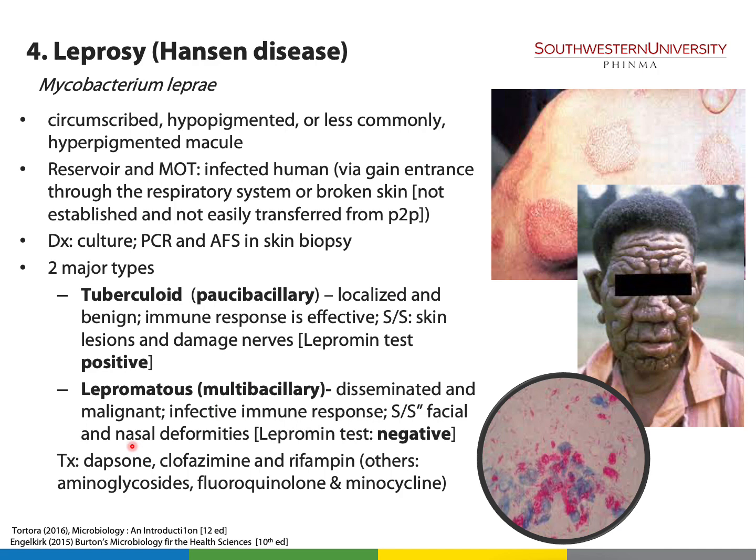Lepromatous leprosy is disseminated and malignant, and the immune response is ineffective. The common signs and symptoms for this type are facial and nasal deformities.